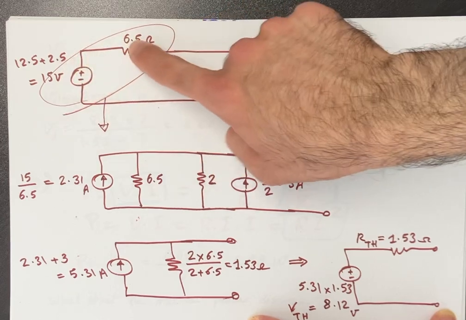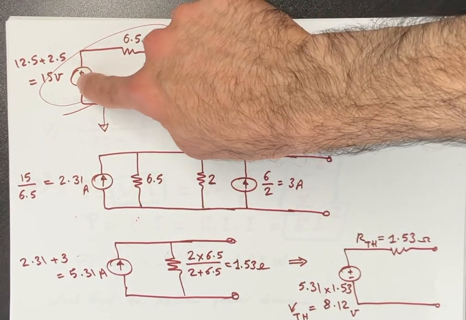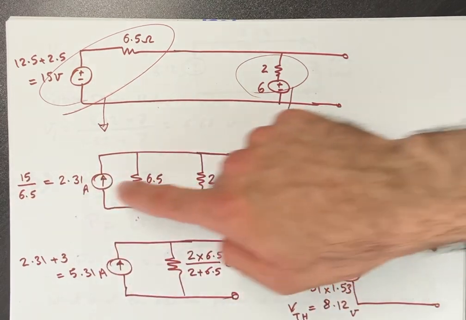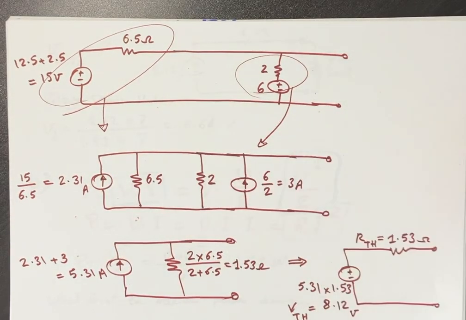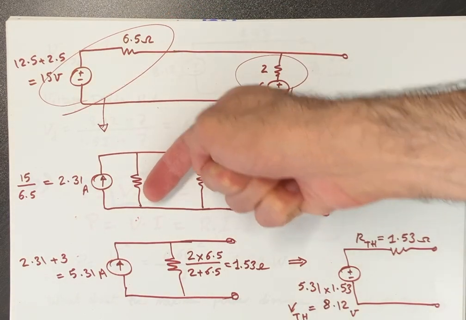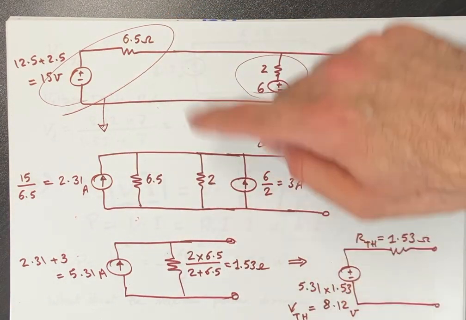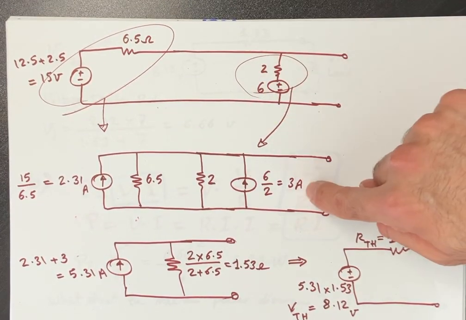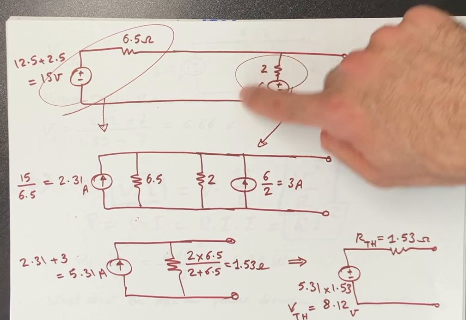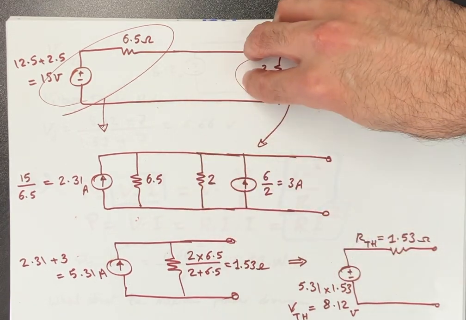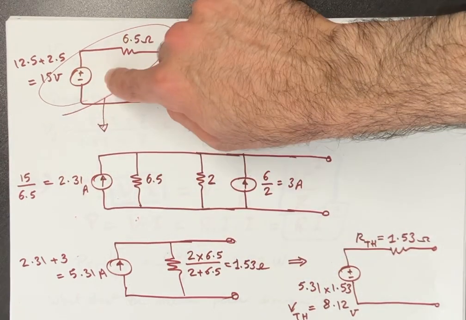Conversion of this one to Norton is, okay, you divide the voltage source by this resistance, 15 divided by 6.5, which is 2.31 amp. 6.5 ohm resistance is copied here. You only need to make it parallel. For this part, 6 divided by 2 is 3 amp. And 2 ohm is here, just parallel. So this is the Norton for this Thevenin, and this is the Norton of this Thevenin.